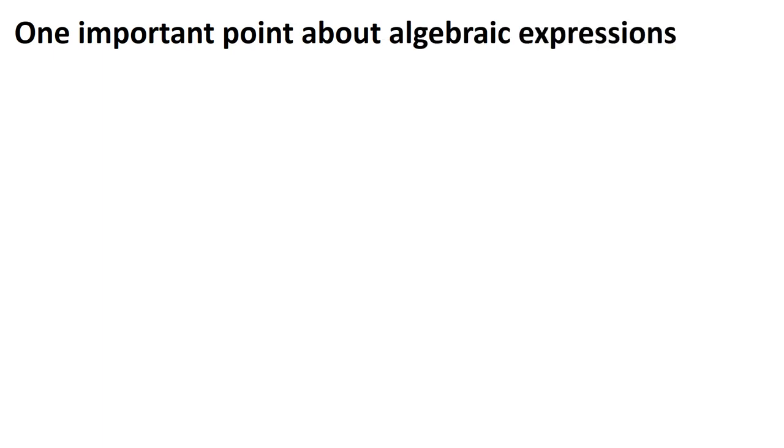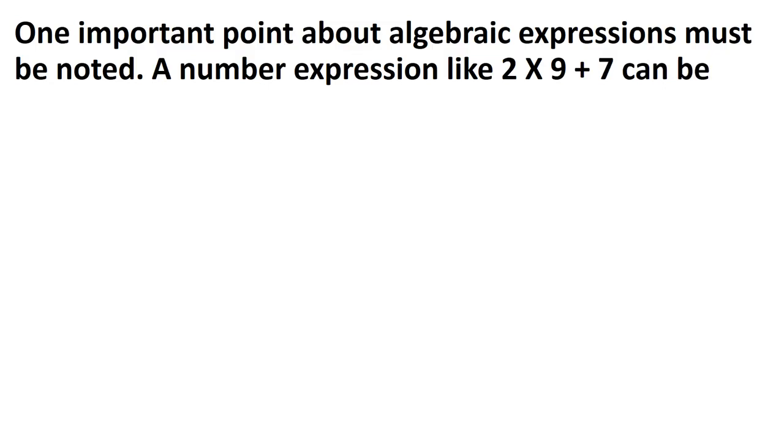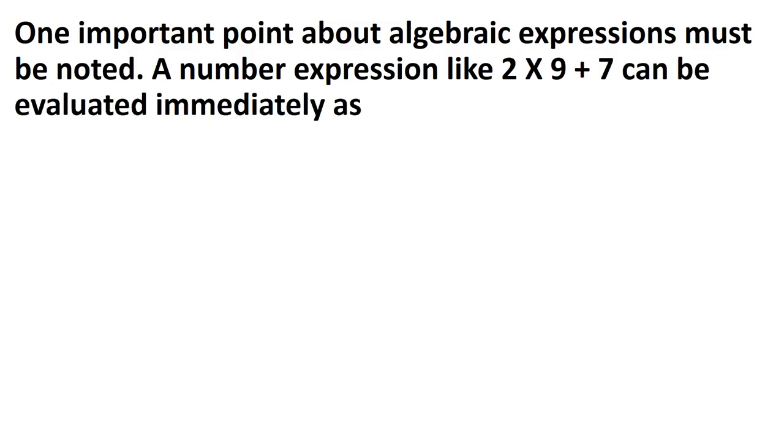One important point about algebraic expressions must be noted. A numerical expression like 2 multiplied by 9 plus 7 can be evaluated immediately, as 2 9s are 18 and 18 plus 7 is 25. This we can solve easily.